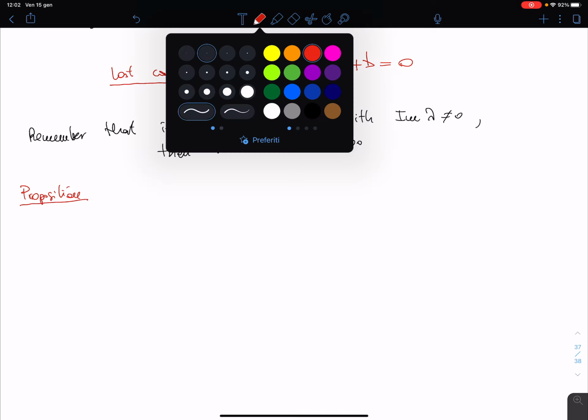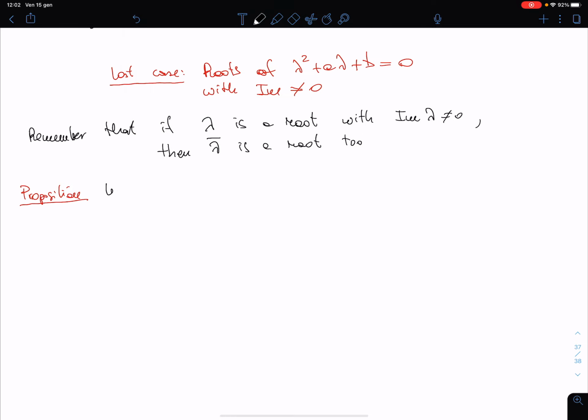So let a function z of t be a solution to the linear homogeneous equation with constant coefficients, y second plus a y prime plus b y is equal to 0.